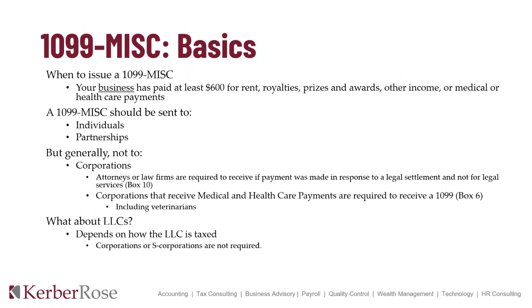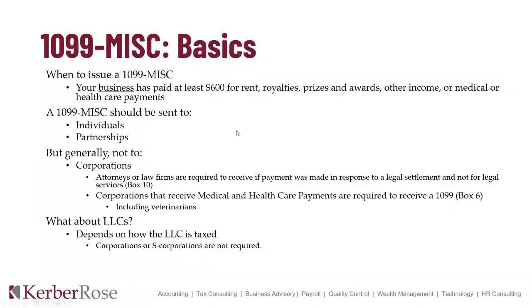1099 miscellaneous, basically the basics here. For those of you that have been in the 1099 processing arena for a few years, a couple of years back they broke out the miscellaneous 1099 and added a 1099 NEC, which is basically non-employee compensation. So we'll touch base on the miscellaneous and the NEC today.